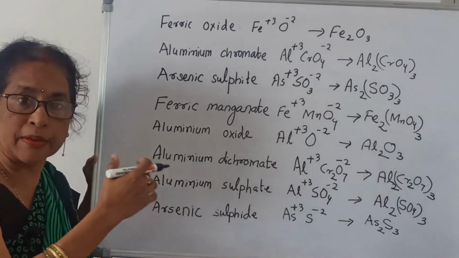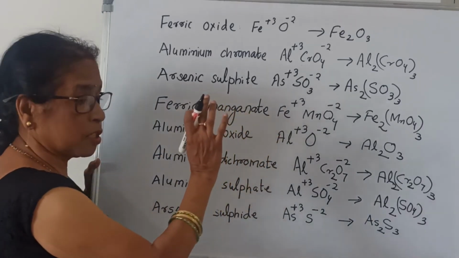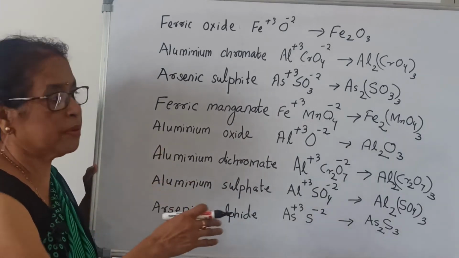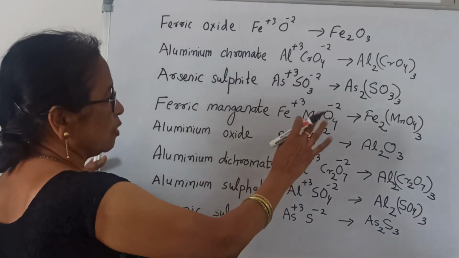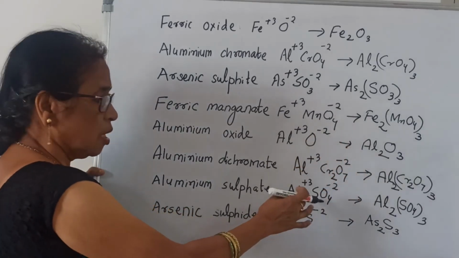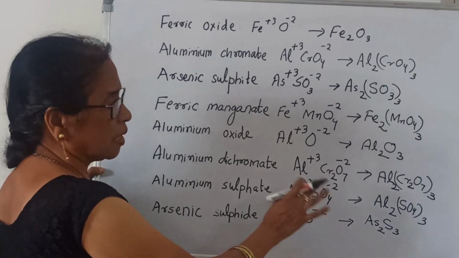If it were permanganate it would be MnO4 minus 1, but that is not required because we are making formulas by the combination of trivalent cation and divalent anion. Similarly, oxide O minus 2, dichromate Cr2O7 minus 2, sulfate SO4 minus 2, sulfide S minus 2.